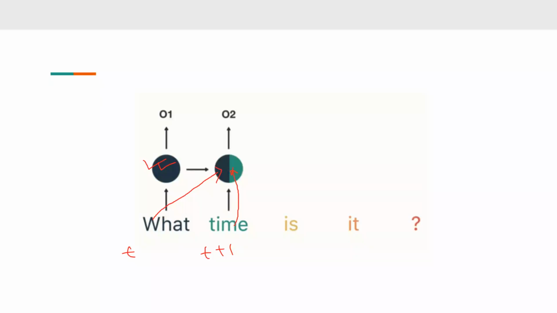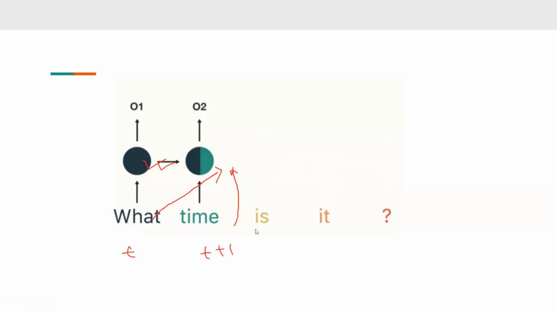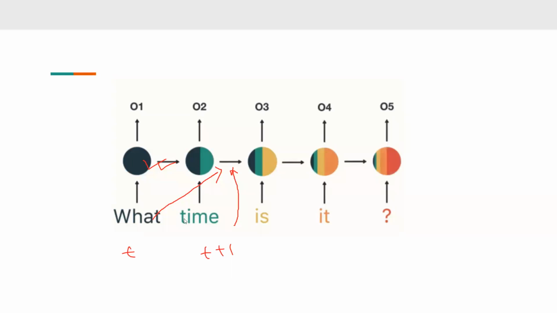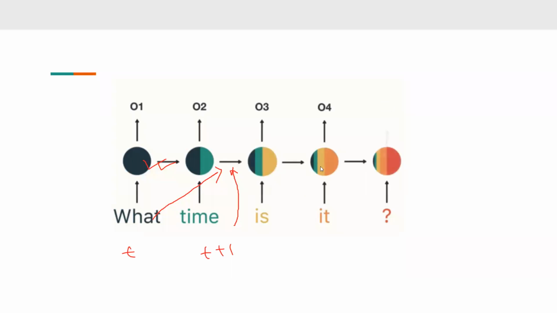Now if I go a little bit further, to the third one, you can see your current input is here. With that you are taking the previous input also, the previous feedback also. So time is also there, with is also there. Just see the color. Again you are taking the current input, and it is taking the previous feedback also. Now your time and is are also there, and with the it is also there.